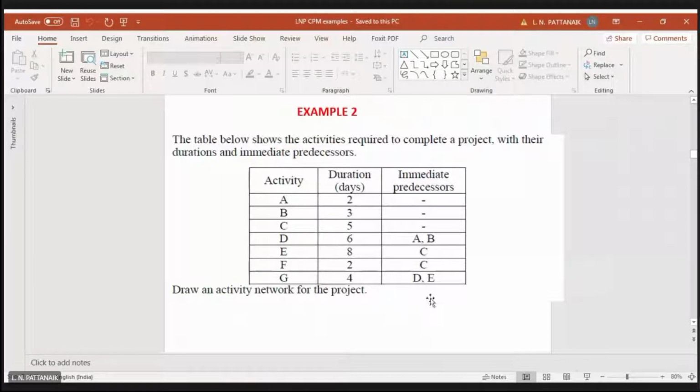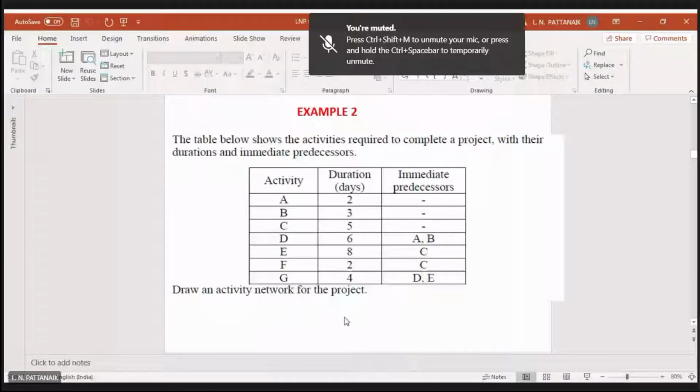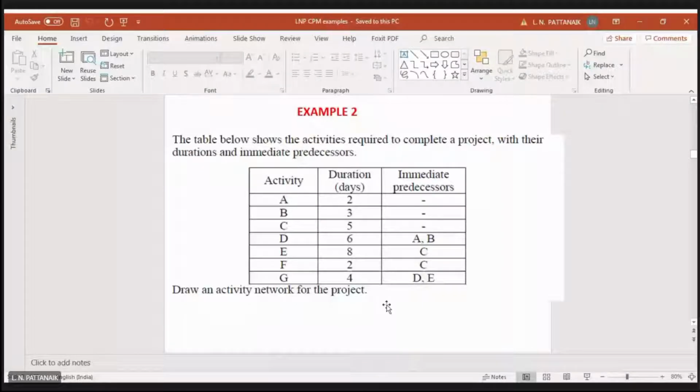I think I gave you this problem yesterday just to practice it yourself. If you have tried it, then let me show you the solution. This is a case where you must use a dummy activity.